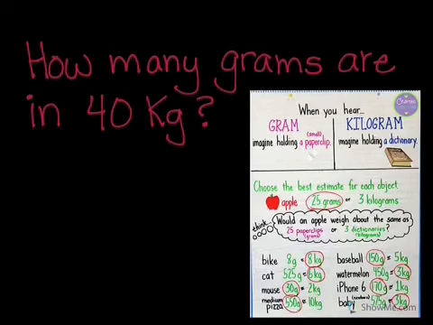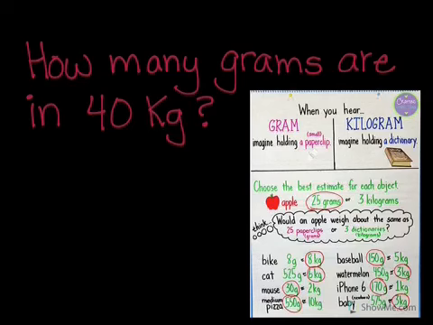A cat would weigh 6 kilograms. A mouse, 30 grams. A medium pizza, 550 grams, or that would be 10 kilograms. And you can look at some of these others to get an idea.